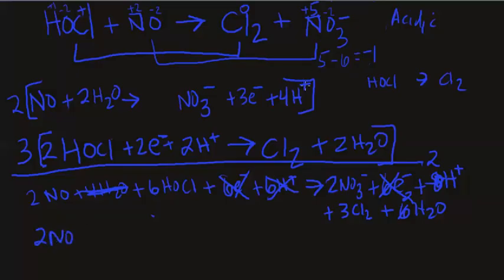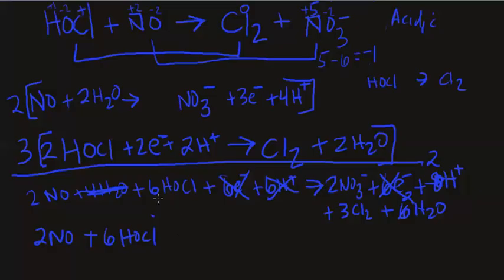So we have 2 nitrous oxide, that's its common name, nitrogen monoxide, plus we have 6, this is actually hypochlorous acid molecules. I think I may have called it something wrong before.